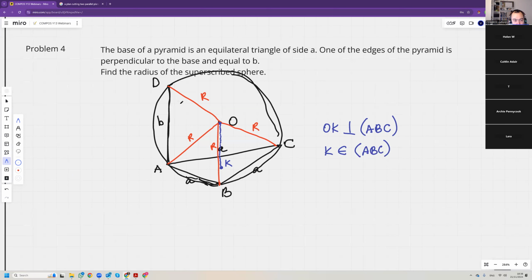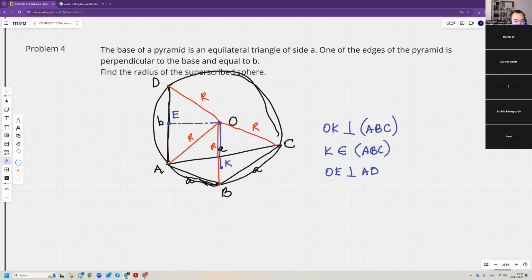And now we draw a perpendicular, like find a point E, and we draw a perpendicular from O to E. OE is perpendicular to AD.